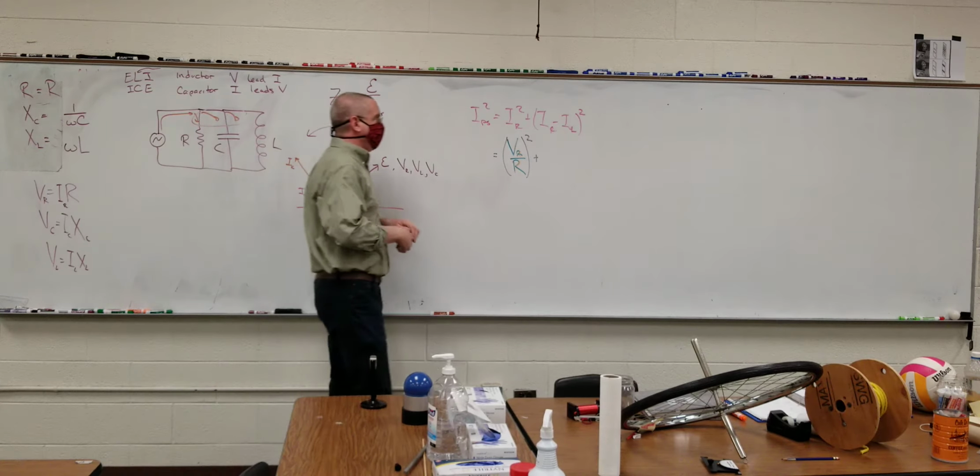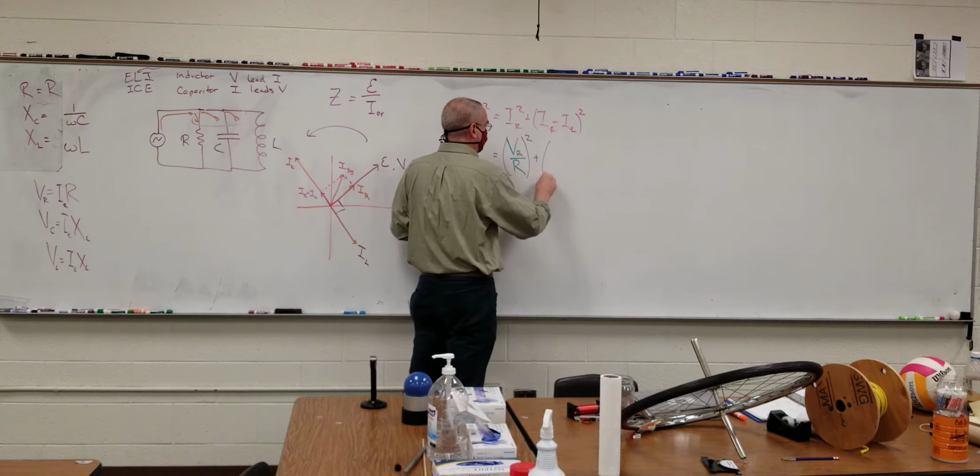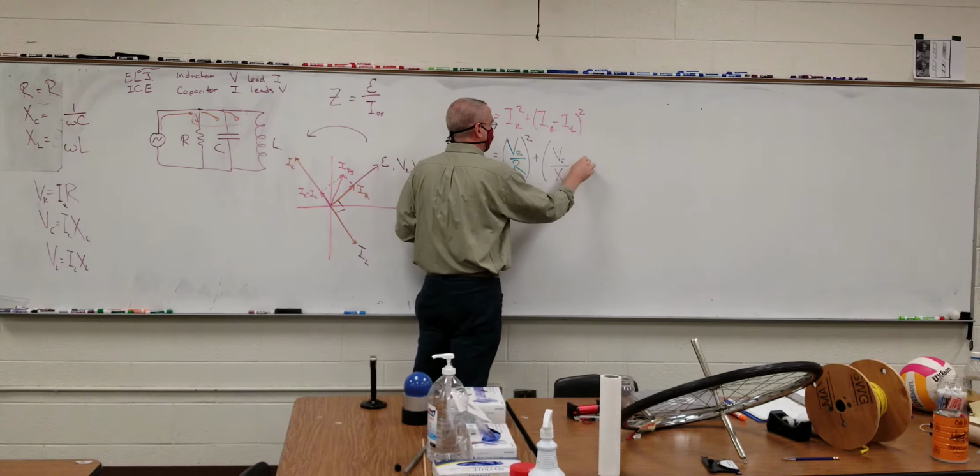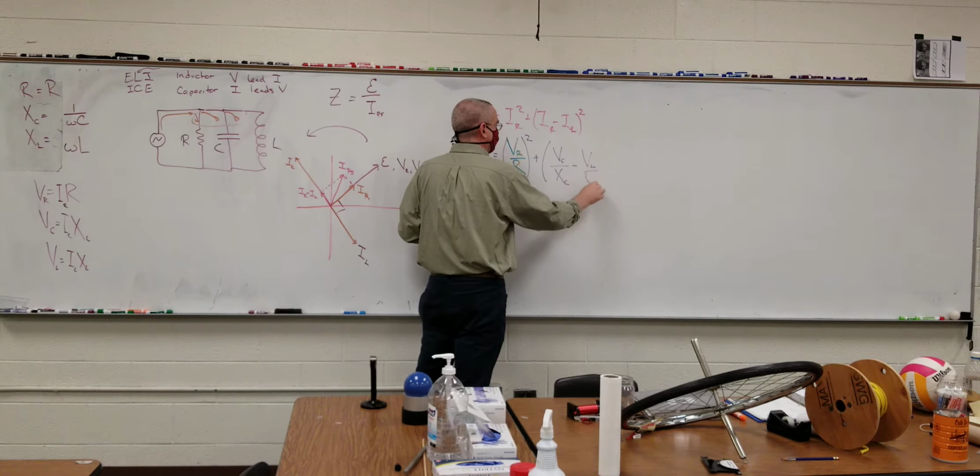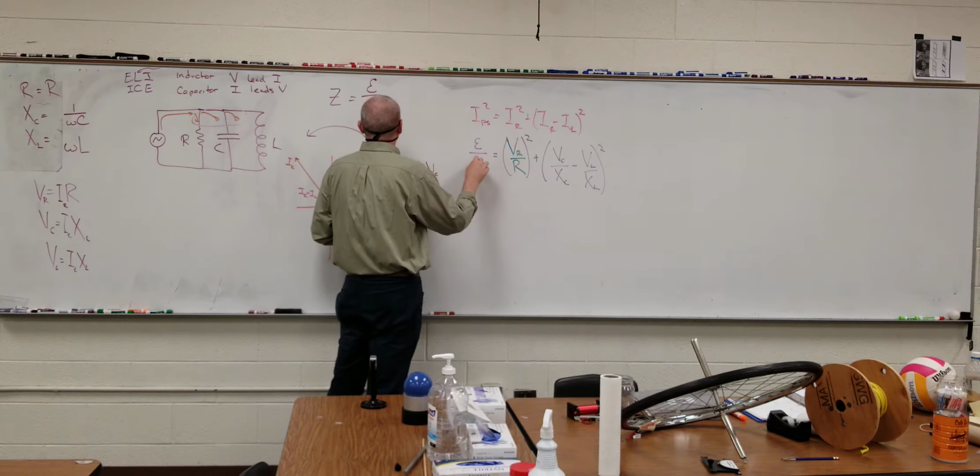All right, so the Ohm's law variations for all of them. So this would be VC over XC minus VL over XL, squared. And then over here, this would be epsilon over Z.